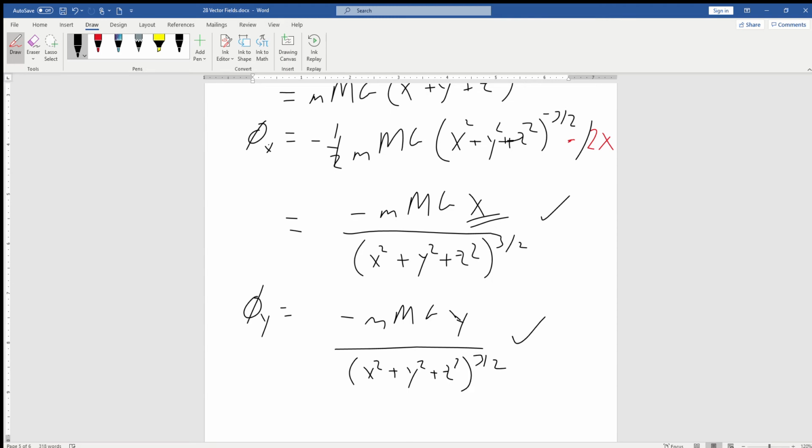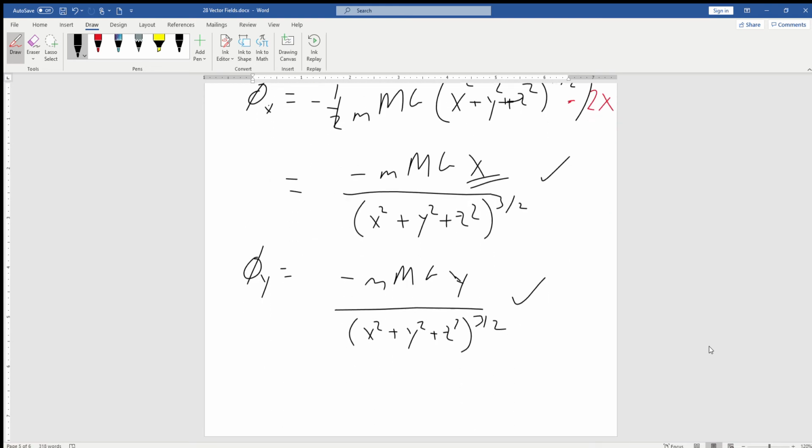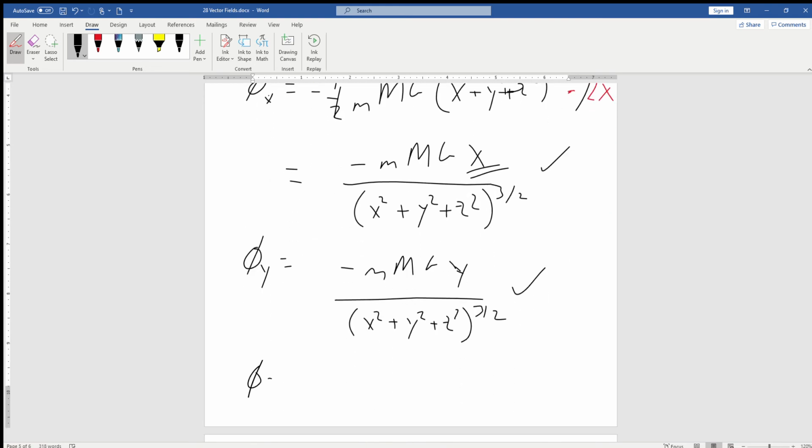And that's exactly what we wanted, because if we go back up to the definition, that's going to be our potential function. Finally, phi sub z is going to be the same thing, minus mMG, this time of z, divided by x squared plus y squared plus z squared to the 3/2 power.